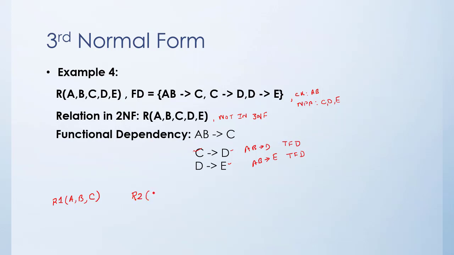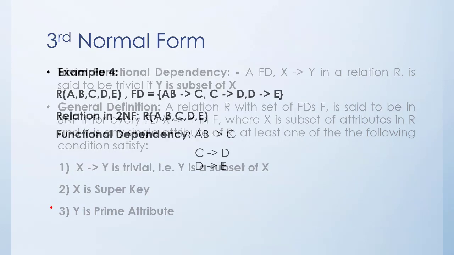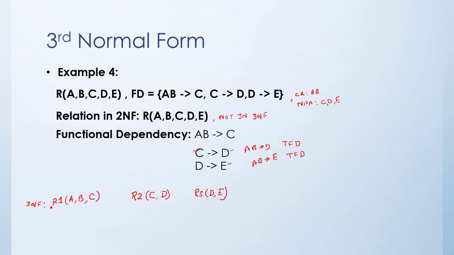So the second relation will be on C and D. Similarly, the third relation will be on D and E. So finally, we can say that my decomposed tables R1, R2 and R3 are in 3NF. This is how we are going to analyze whether our relation is in 3NF or not.